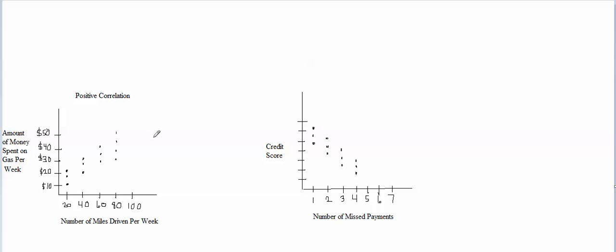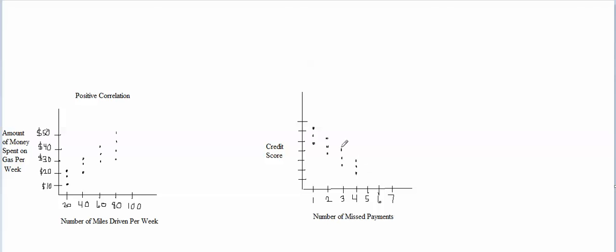So we see a different type of shape here than we see over here. Over here we see that people who are missing more payments are having lower credit scores. So people who are further to the right on the x-axis tend to be lower on the y-axis. See how as x is going up, y is going down.